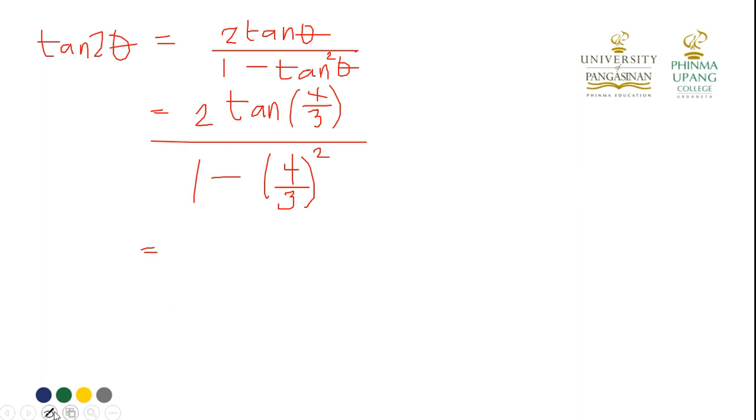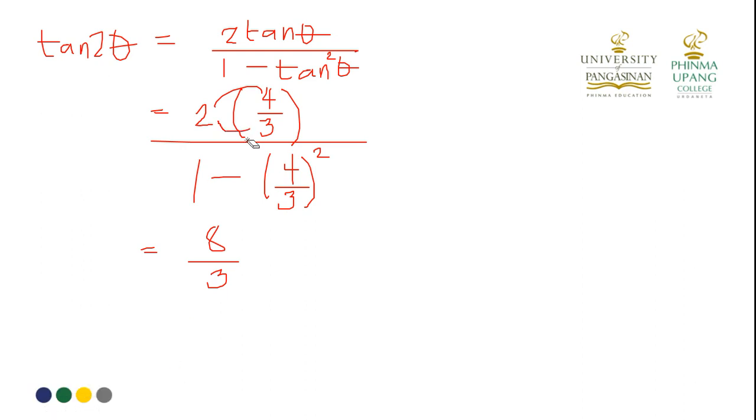Then, sir, bakit po nasama yung tan? Remove natin yan. Kailangan natin remove kasi papalitan na siya ng 4 all over 3. So, multiplication yan, 2 times 4 is 8 all over 3. So, you are not allowed to multiply 2 to 3, ha?